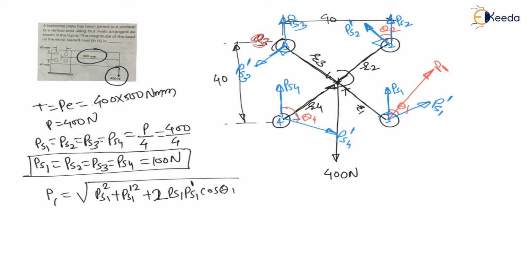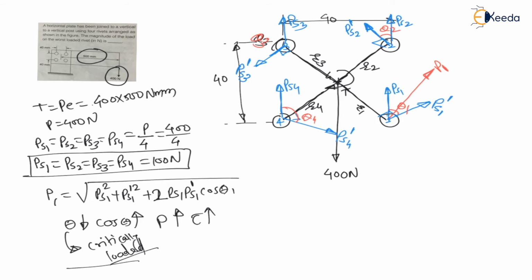As theta value decreases, cos theta will increase, right? Therefore the resultant load will increase, therefore shear stress will increase. Therefore the rivets having minimum value of theta are called critically loaded, and the question is to find the resultant load on the critically loaded rivet.